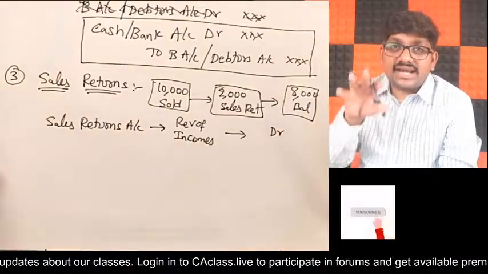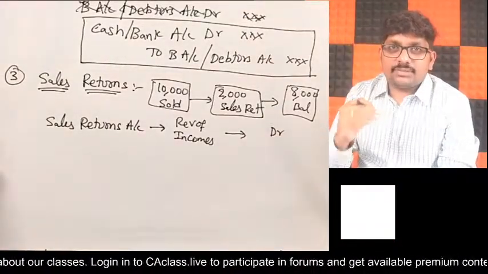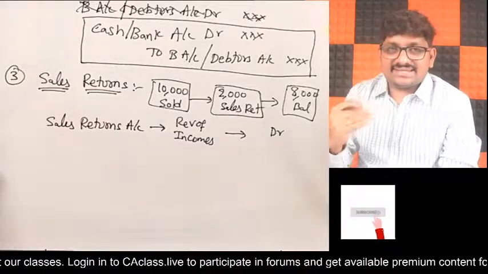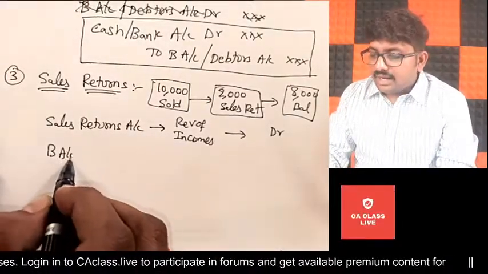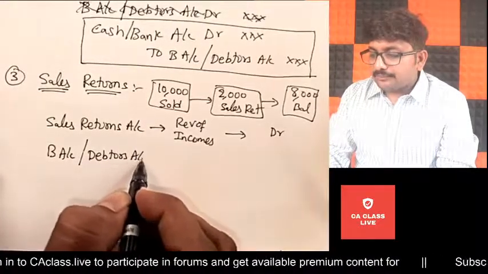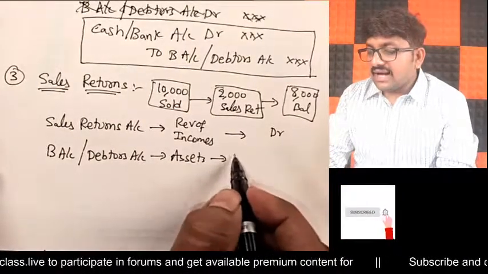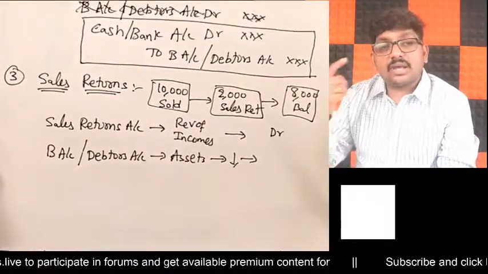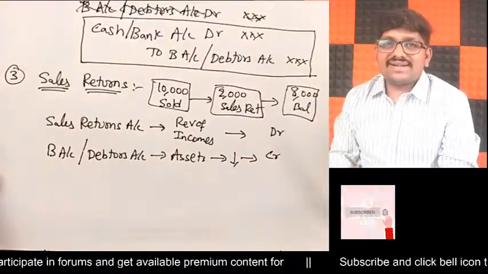It means your right to receive the money will come down from 10,000 to 8,000. It means your right will decrease. So what is the name of your right? B account, or in general terms, debtors account. Debtors account is a part of what, ma? Assets, and that asset balance will decrease from 10,000 to 8,000. Whenever assets decrease, you have to credit.